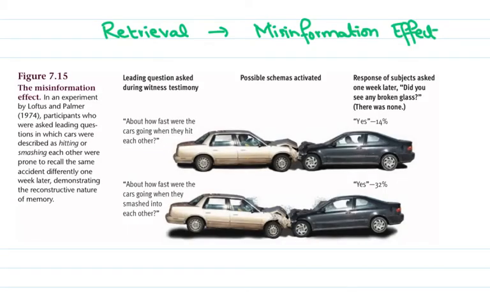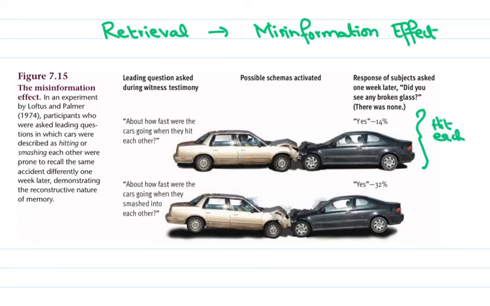Basically, in this experiment, participants watched a video of two cars getting into an accident, so basically hitting each other. But then you used different kinds of words with different participants. So, for example, with this group of participants, you said that the cars hit each other.